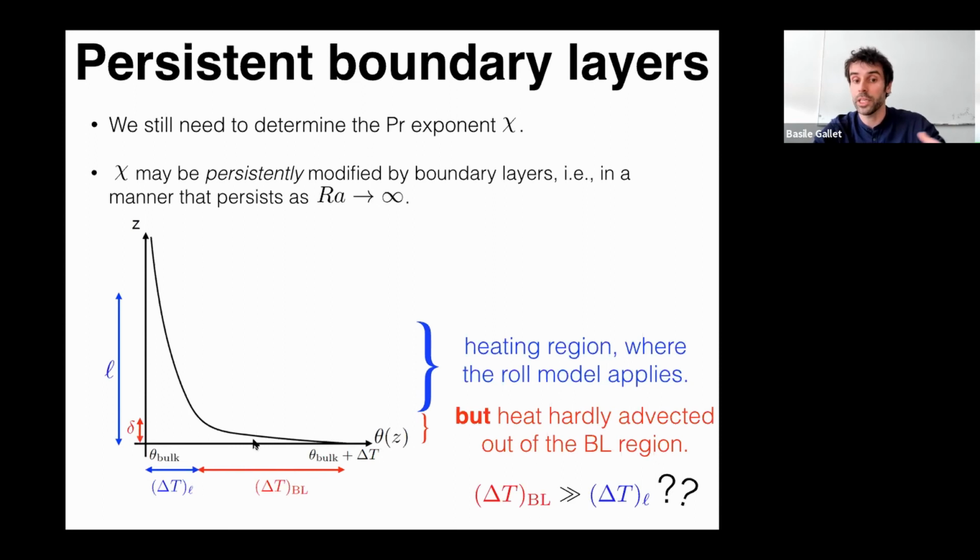Because again, we will be inputting some heat inside that boundary layer, and this heat has to be diffused away from the boundary layer. So the question becomes, is this boundary layer correction negligible as compared to the delta T that arises from the role model that I've shown you previously, or is this boundary layer correction much greater than delta T L, in which case it's governing the relationship between Nusselt and Rayleigh?